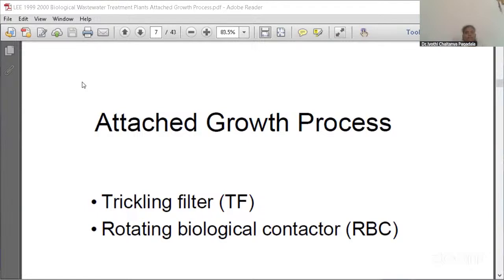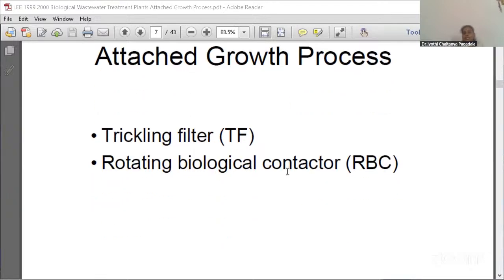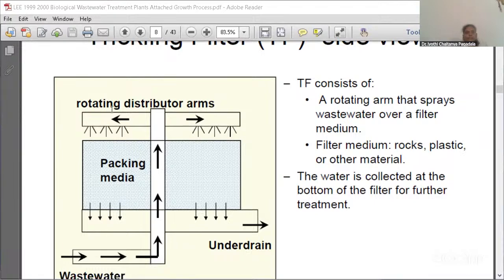We use trickling filters and rotating biological contactors for this wastewater treatment. What do the trickling filters contain? When you see the trickling filter in a side view, you can see a rotating distributor arm that sprays wastewater over the filter medium.